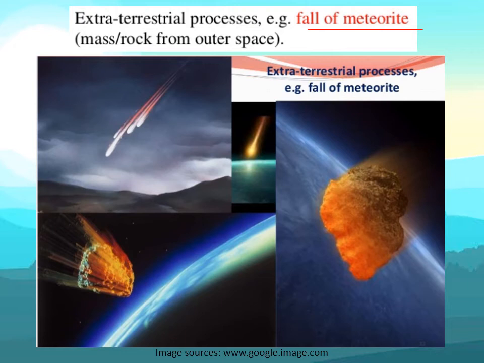So the impact of extraterrestrial bodies on the Earth's surface, although rare, has some contribution in making some landforms, or land features, which are particularly formed due to this kind of meteorite impact on the Earth's surface.